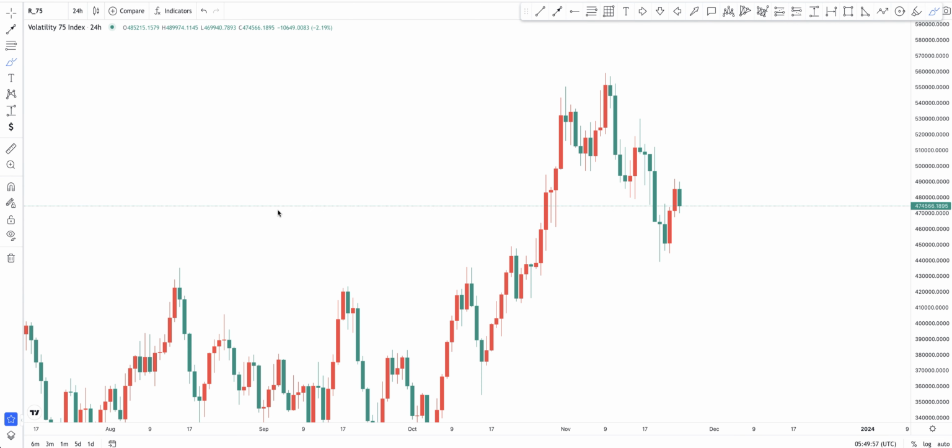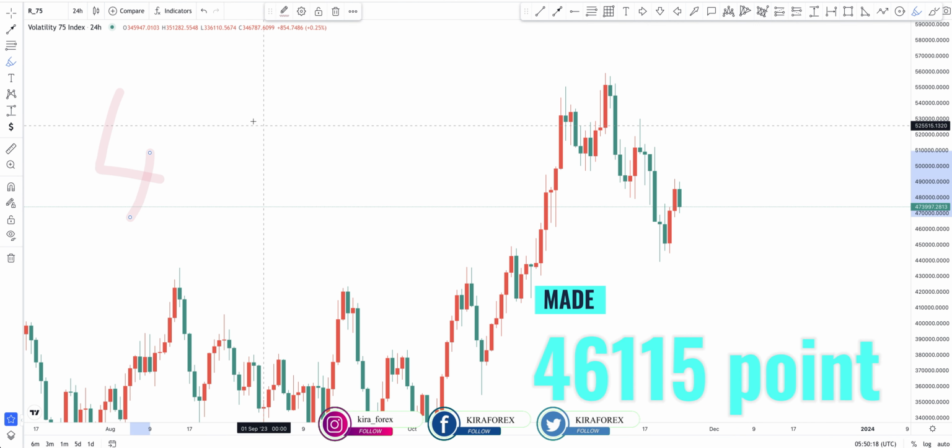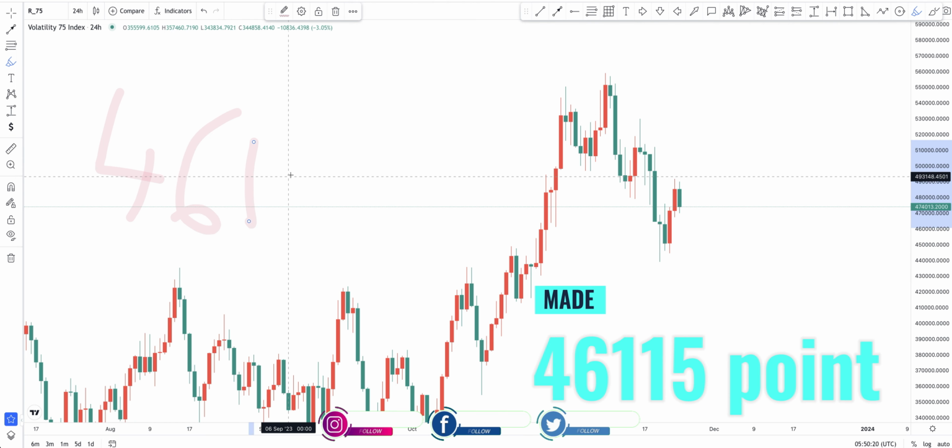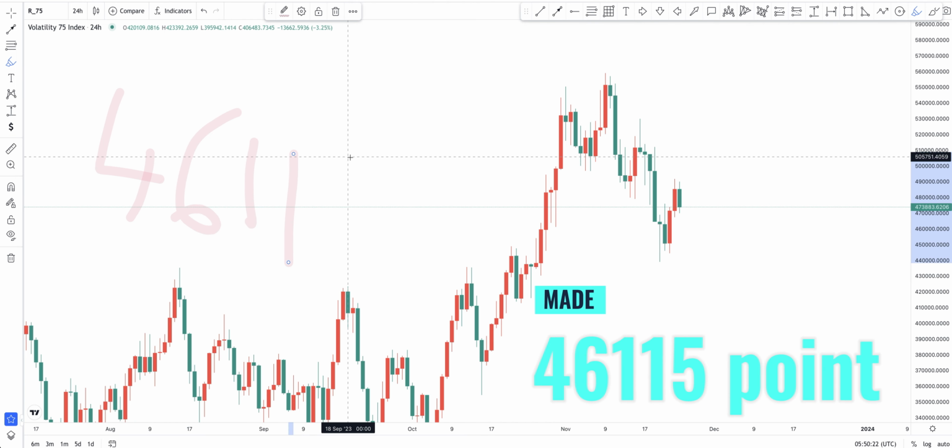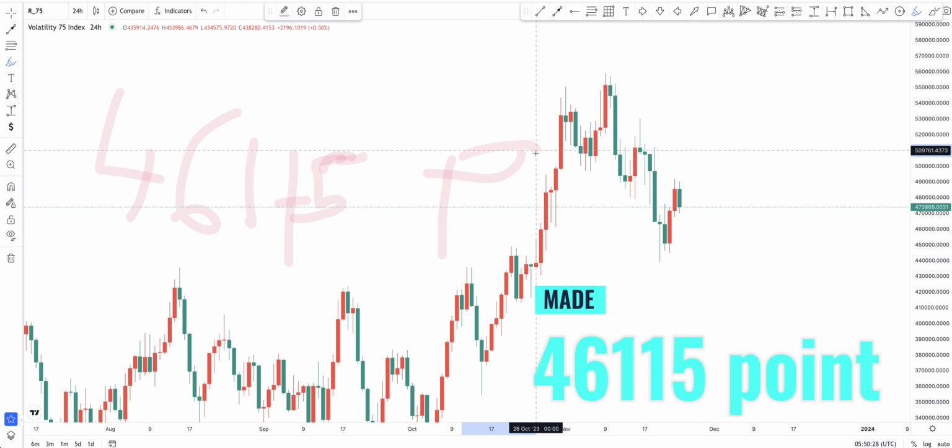Alright, so on volatility 75 index, we don't calculate this in pips, we calculate it in points. And actually I gave a trade call out to my community members, which we made almost 115 points on this asset.